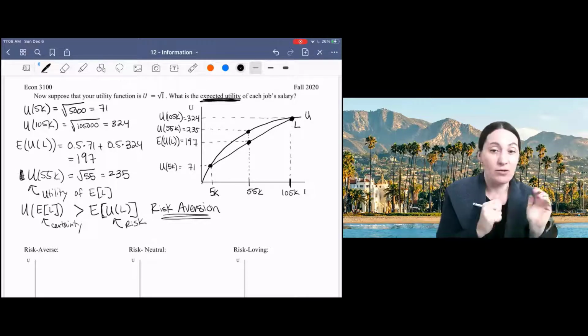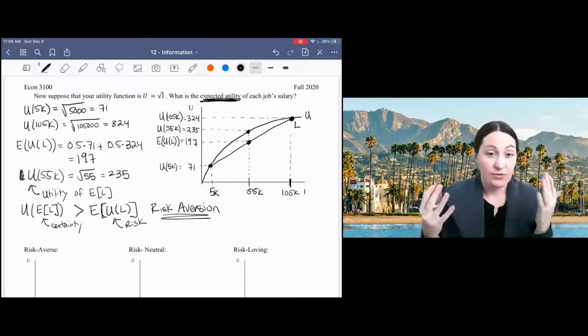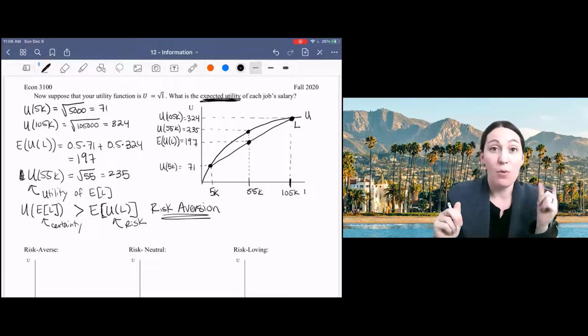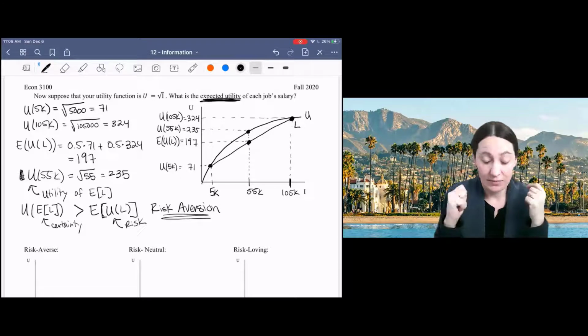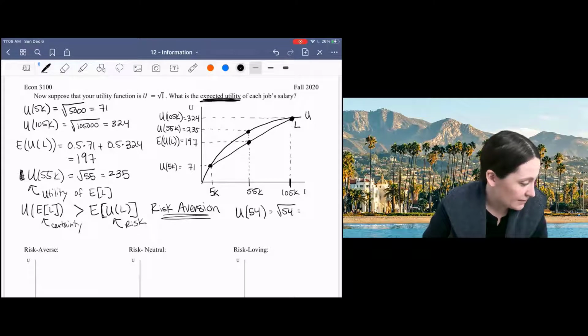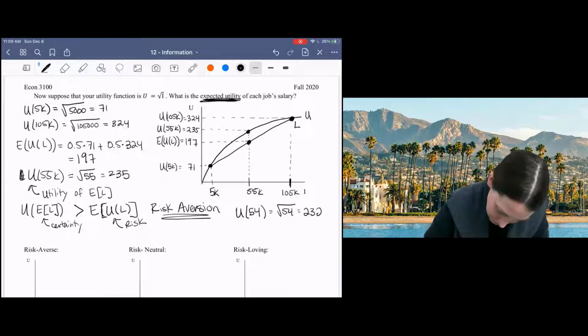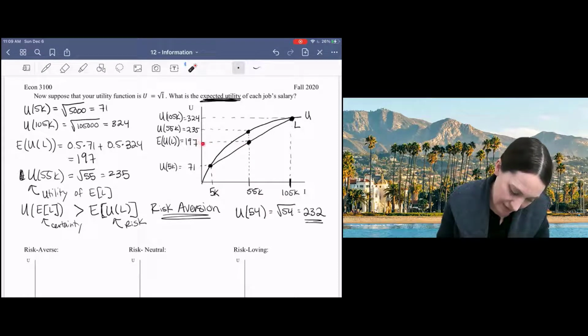So now let's go back to the initial question, which is, what do you prefer? Do you prefer the job of 54,000 with certainty or the job with 55,000 and risk? So to complete this, we find the utility of 54,000 with certainty, which would give us a utility of 232, which you can see is higher than the expected utility of the lottery, which is 197.